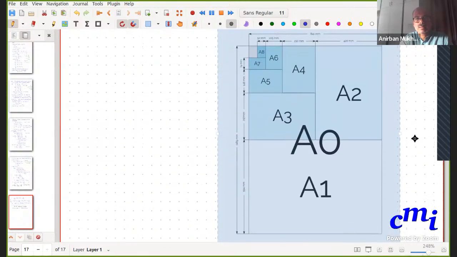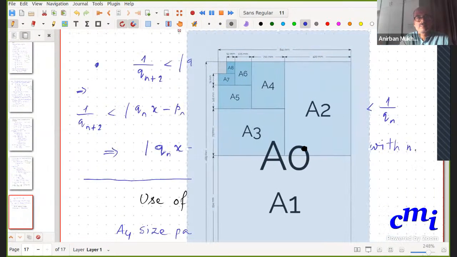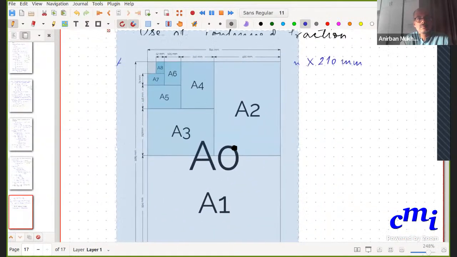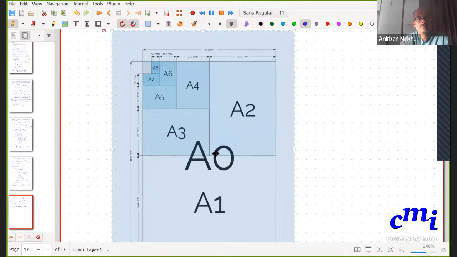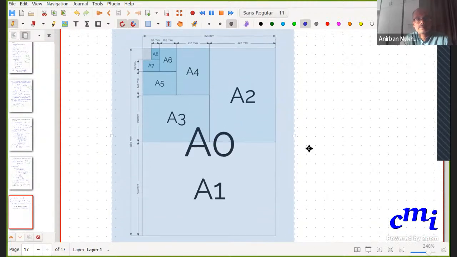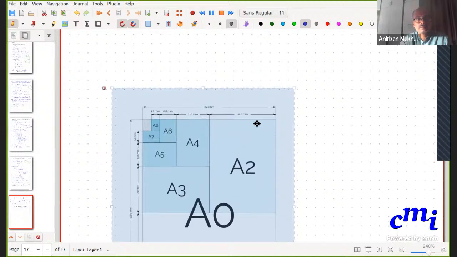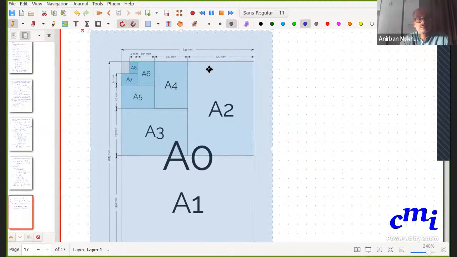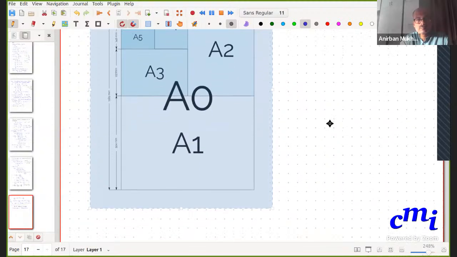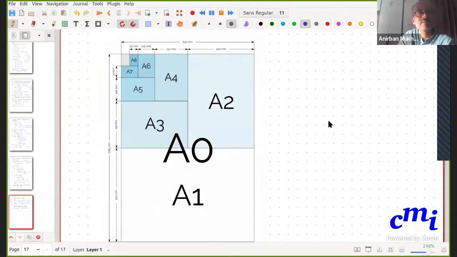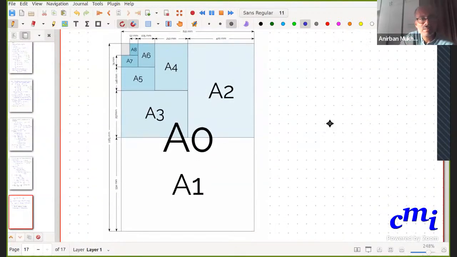I think it's quite nice. Yeah, it's perfect. I think it's perfect. Let's give it like this. So this is a picture of paper size.